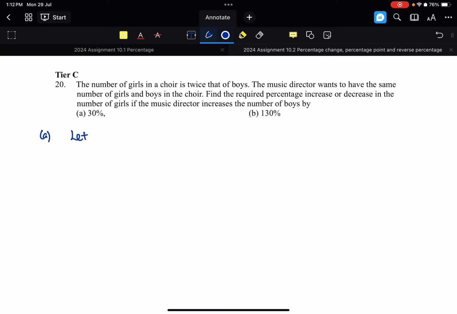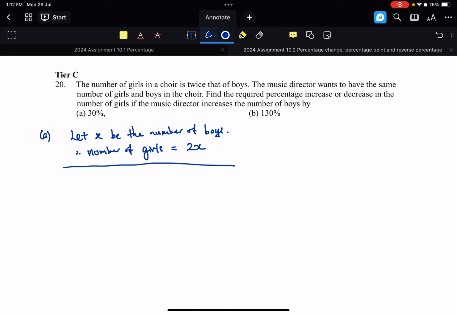So what we can do is let x be the number of boys, right? So therefore, the number of girls will be equal to 2x, because there are 2 times more. So this is our original piece of information. Now what happened?